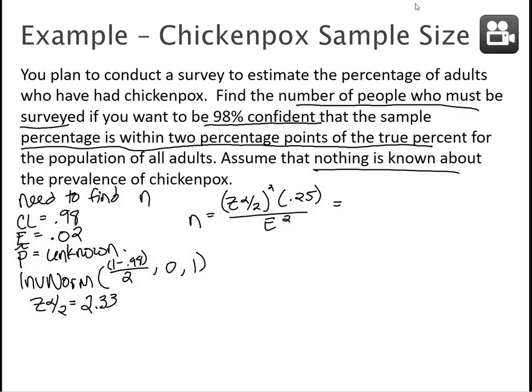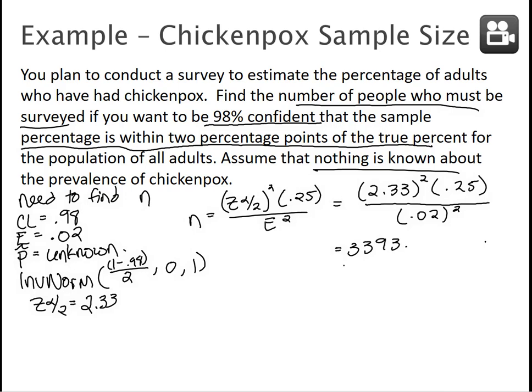So now I have everything I need to fill in for my equation for my sample size. All right, so n equals z alpha over 2 squared, so that becomes 2.33 squared. Since p hat is unknown, I'm going to multiply that by 0.25. And then I divide by e squared, which is 0.02 squared. And I get 3,393.0625 in my calculator.